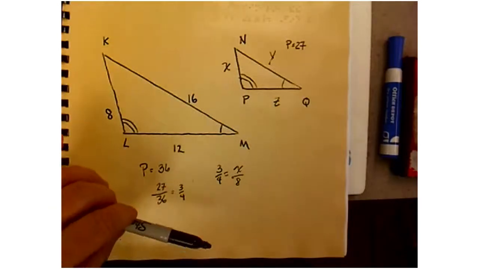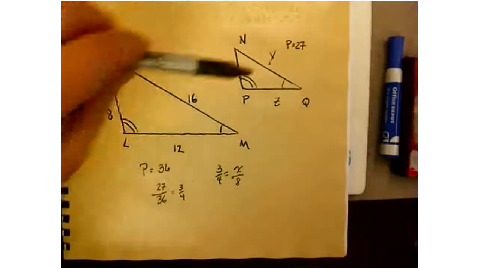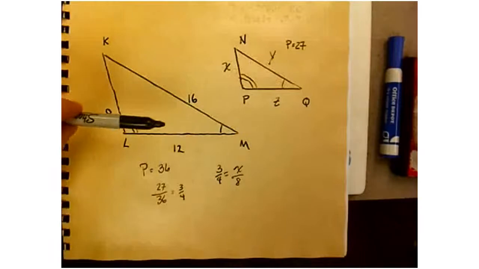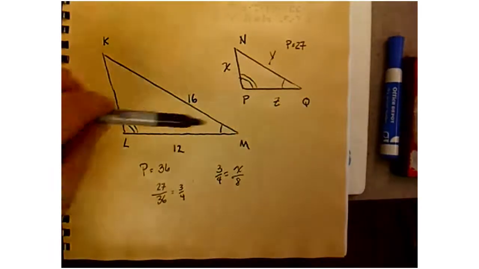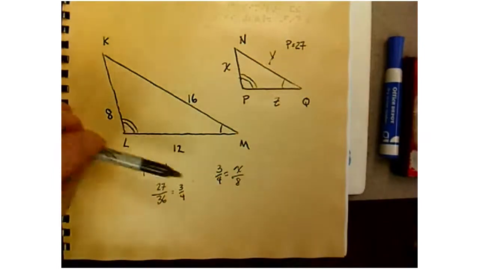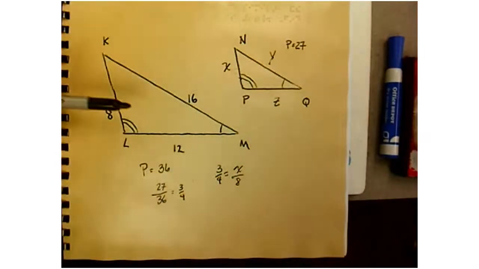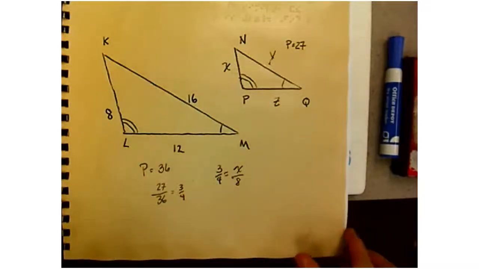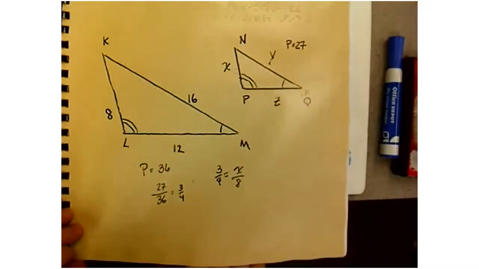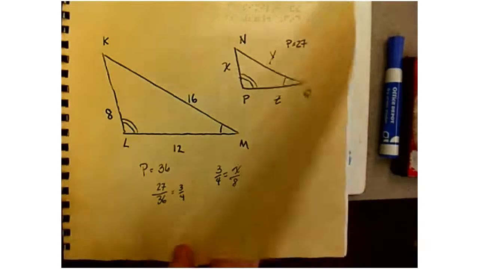Remember, we went from small to big, so keep going small to big on your corresponding sides. If you chose 36 to 27, that's fine, but then you would say 4 to 3. Go large to small. Be very careful on how you set it up and keep it set up that way each time. All right, turn the page.